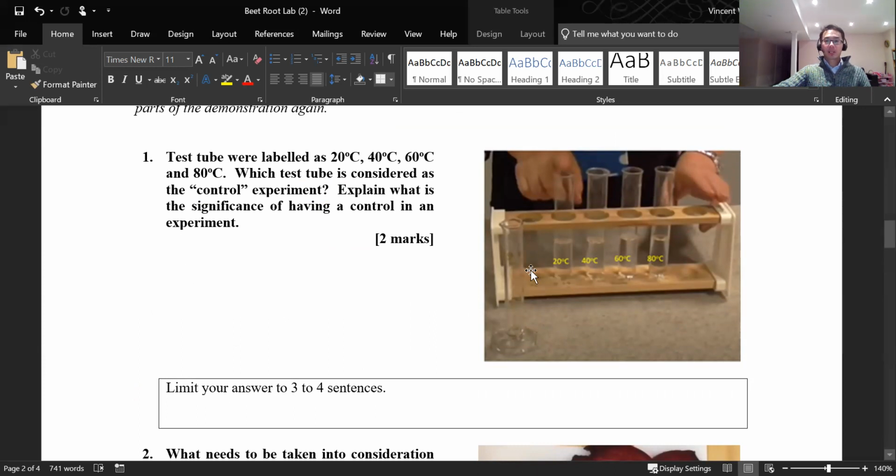So 20 degrees is close to room temperature in this case. That's the one that we will be using as a reference to compare all the other test tubes to. That's the importance of having a control. It creates a baseline for all your other treated groups to be compared to. Many people miss this second part, and you will lose a mark for not doing that.